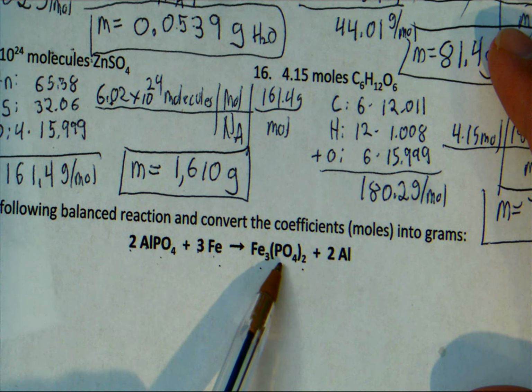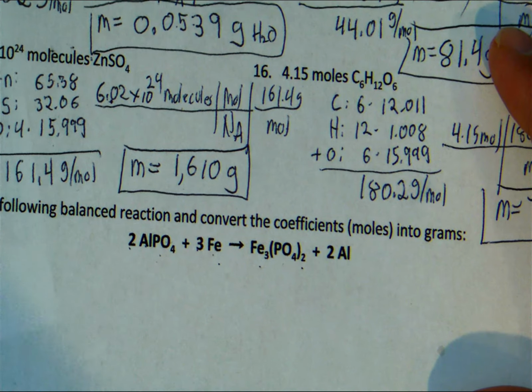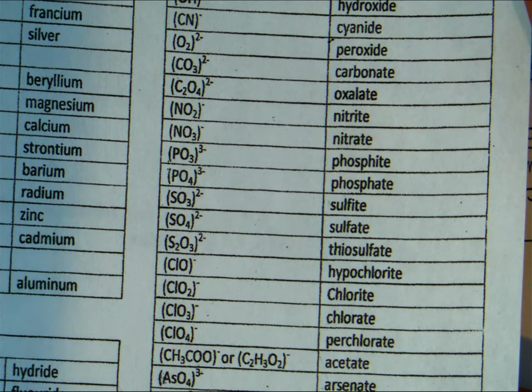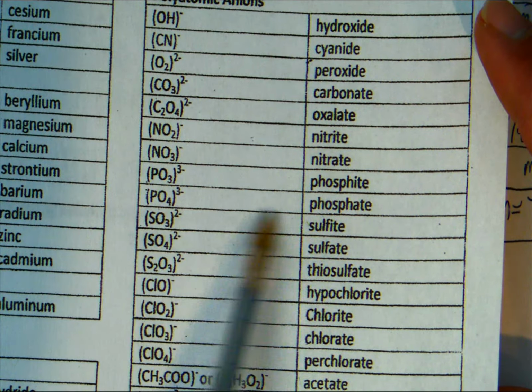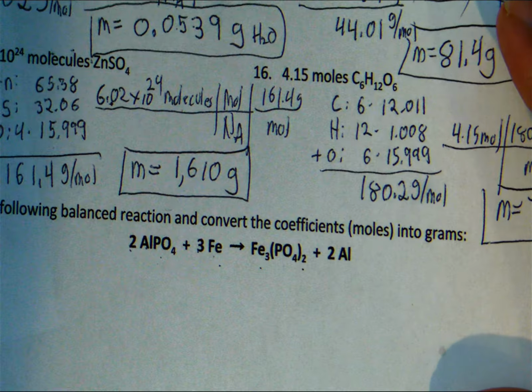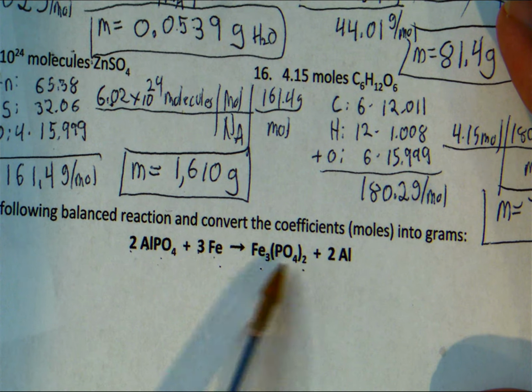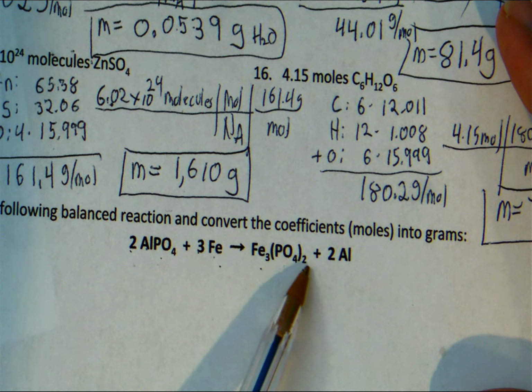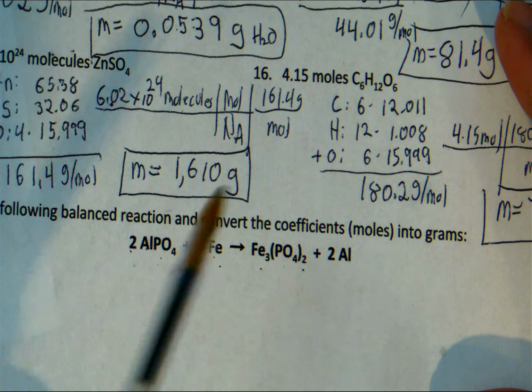And just as a check, does phosphate have a 3- charge? I go to my list of polyatomic ions and I look up phosphate, and sure enough, PO4 has a 3- charge, which explains why there's a subscript 2 here and a subscript 3 there. So they had to crisscross. So this is iron Roman numeral 2 phosphate.